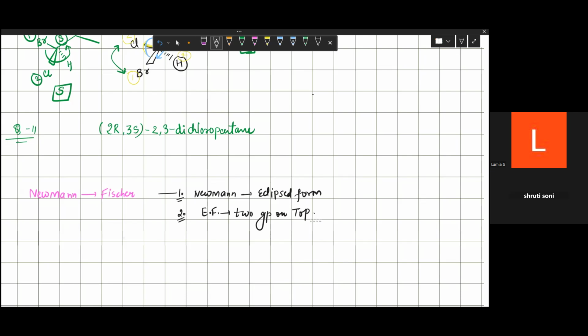Newman in eclipsed, yeah, I have that. That's in the green. I think I have all of that.